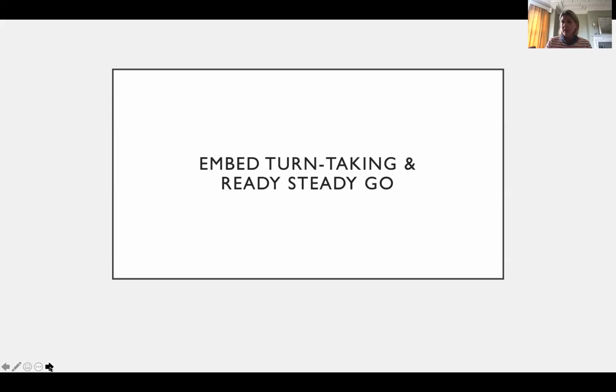I want to have things that I've already got and things that I can also use in different ways to target different children. And so for those of you who do use Launchpad, that's about taking turns, but in a small group. If you've got children who struggle to sit and listen and take turns, what you don't want to do is fall into the trap of only ever working on turn taking and group skills on the carpet.